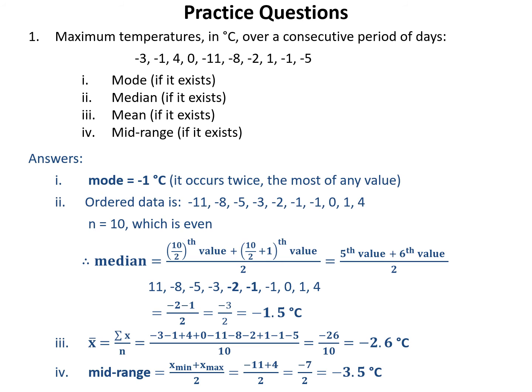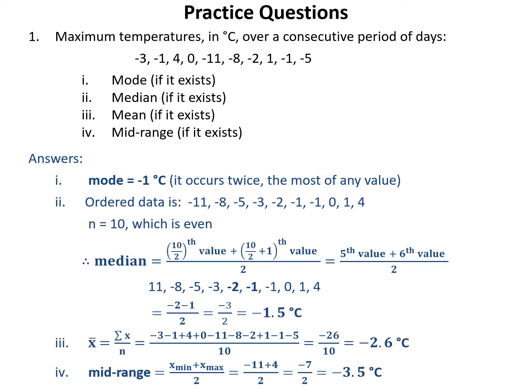And we can see that the sample size here is 10, which is an even number. So we use the median formula for an even sample size. So in this case, it's the 10/2th value plus the 10/2 plus 1th value divided by 2, which gives us the 5th value plus the 6th value, all divided by 2.